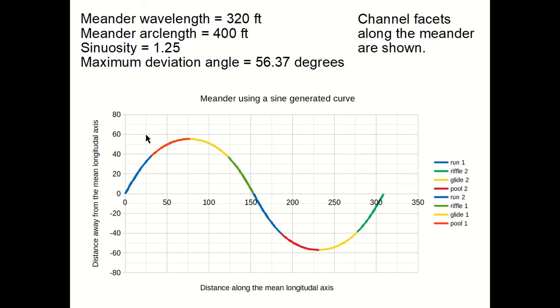Now you can then enhance the diagram to show the bankfull top width and actually produce a set of engineering plans that shows how to construct a stream meander. What we're going to look at next is the spreadsheet that I utilized to generate the sine generated curve.